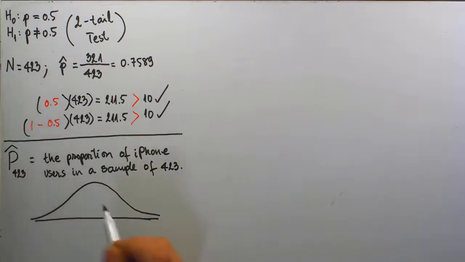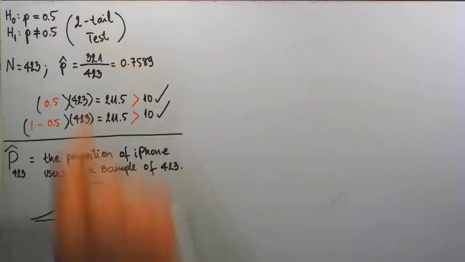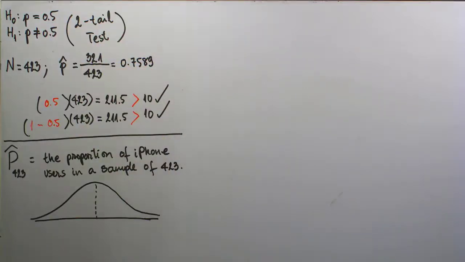This bell curve will have its center at the value that's claimed in the null hypothesis. So it has to be 0.5 being the center of this bell curve. Any value on this line is a sample proportion at size 423.